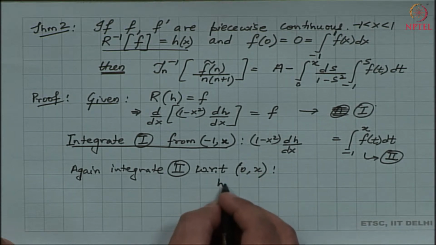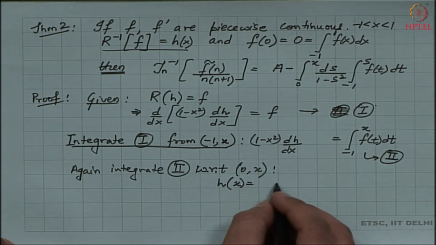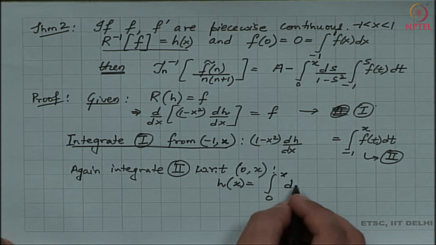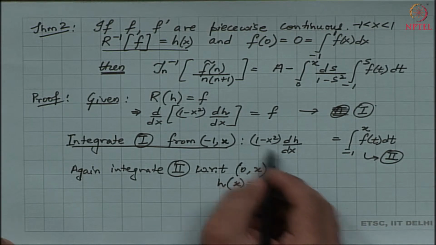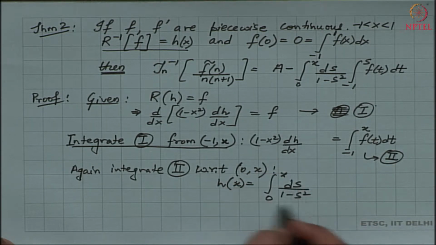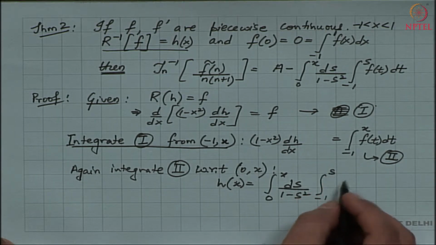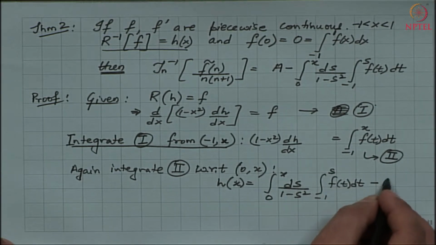I get that h of x is given by the integral from 0 to x, with a new dummy variable s, ds divided by 1 minus s square. So, I divide first and then integrate, which brings in this factor times the integral from negative 1 to s of f of t dt, minus a. That is the constant of integration.